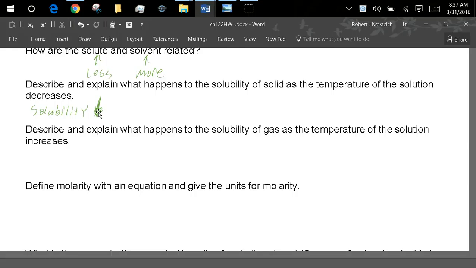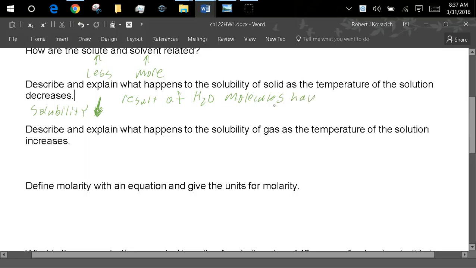Okay. They have less kinetic energy, so it takes more of them to keep an ion solubilized or keep a particle solubilized.